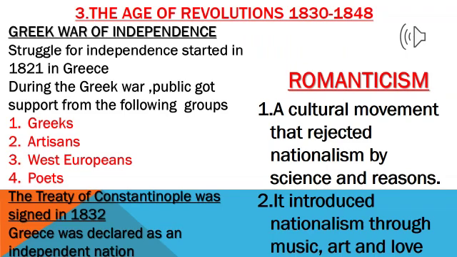And when we talk about romanticism, a cultural movement, it sought to develop a particular form of nationalist sentiment. It is also a cultural movement that rejected nationalism by science and reason, and it introduced nationalism through art, music, love, etc.